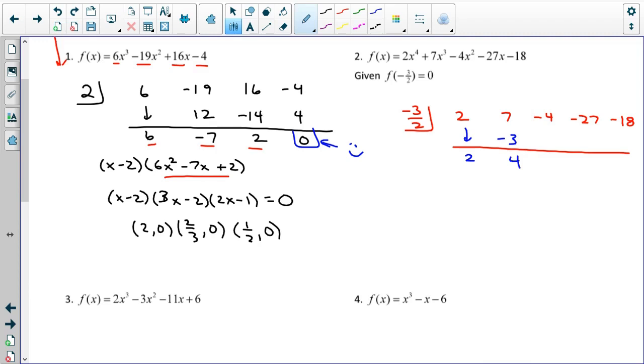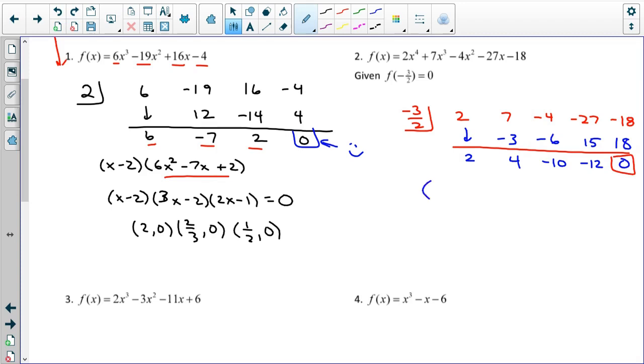That becomes 4. Negative 3/2 times 4 is negative 6. So that becomes negative 10. Negative 10 times negative 3/2 becomes 15. That's negative 12 when I add. Negative 12 times negative 3 halves is 18, and I get a remainder of 0. So that's good. The remainder of 0 means that I have a winner.